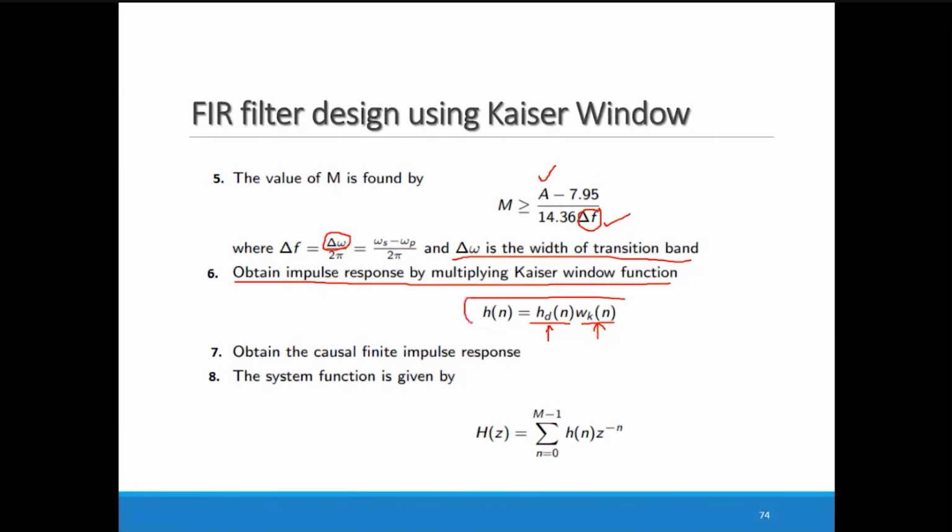Multiplication of both will give you the impulse response. Then, as we have done in the previous example, you can apply the system function and you are able to get the final response, or the system function, using the Kaiser window. If anybody has any query, please let me know. These are the steps we can apply and solve using the Kaiser window function.